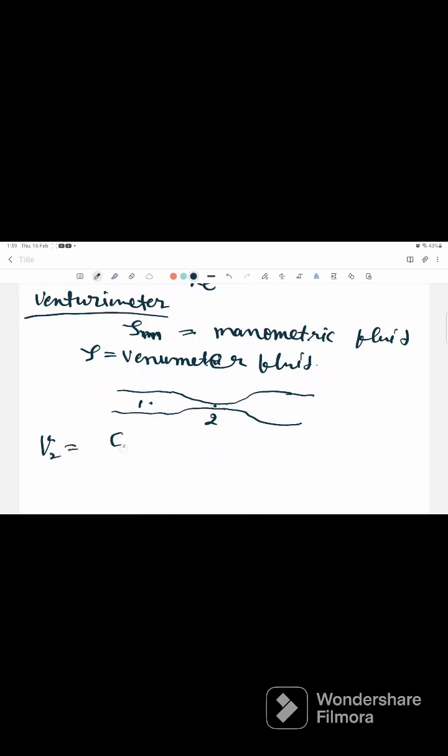V2 is equal to CD by square root of 1 minus (D2 by D1) to the power 4, times 2 delta P by rho.